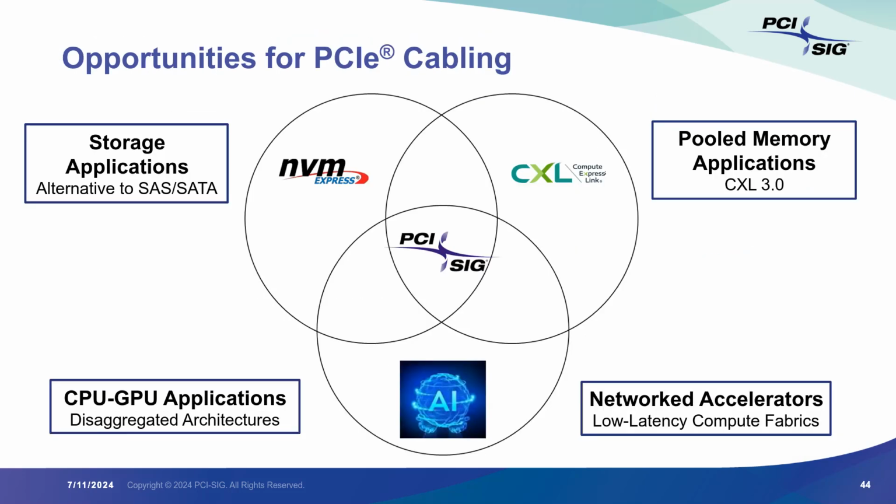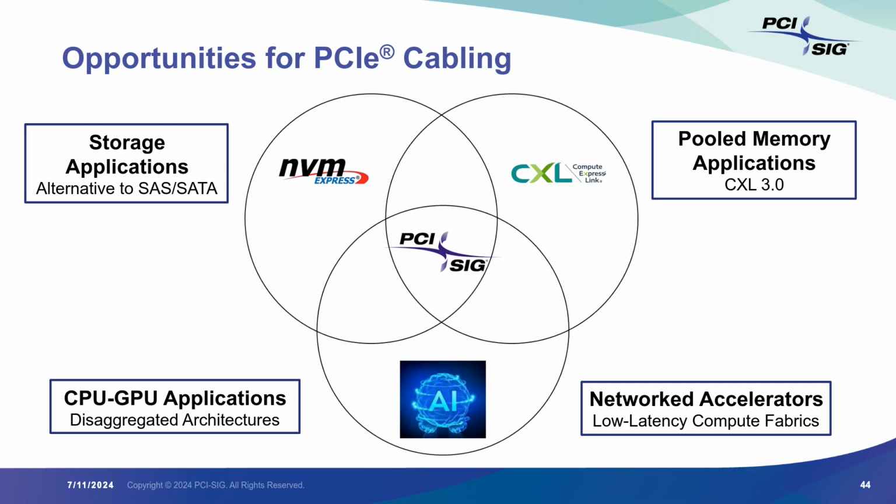And so I saw there was a question about the compatibility of copper and optical solutions. The opportunities, I think, for PCIe cabling here have really converged over the last number of years by the explosion of disaggregation, server platforms, as well as the emergence of interest in AI platforms.